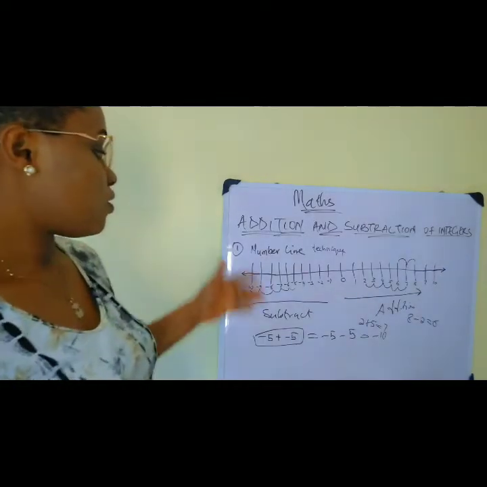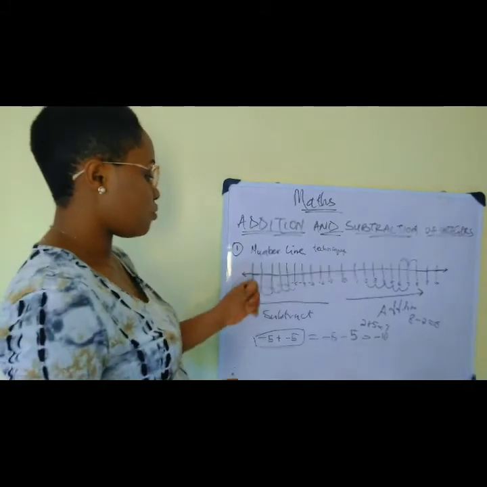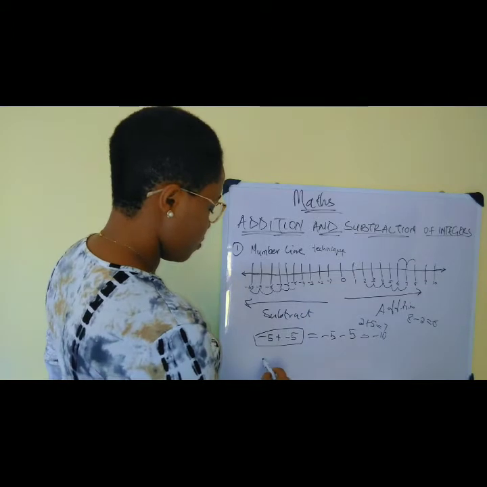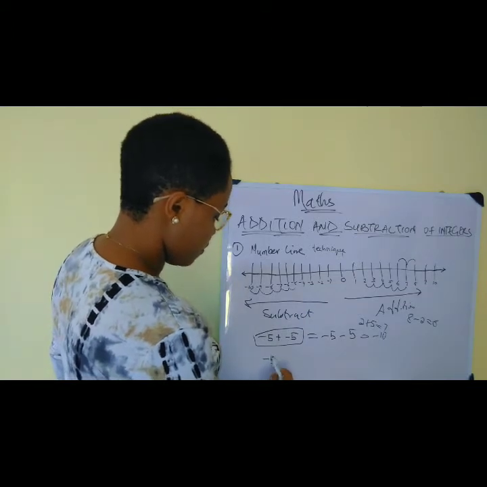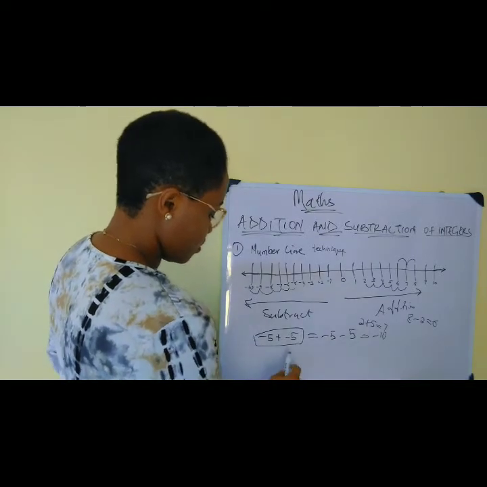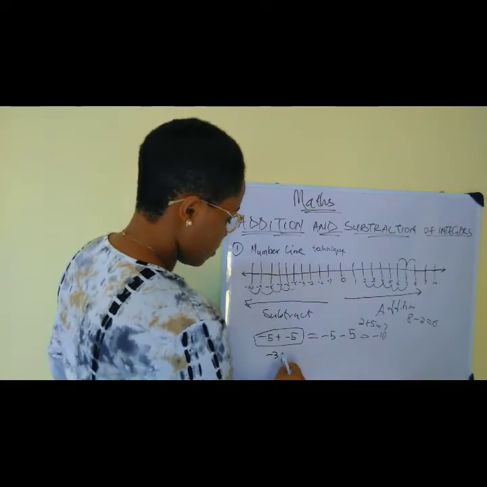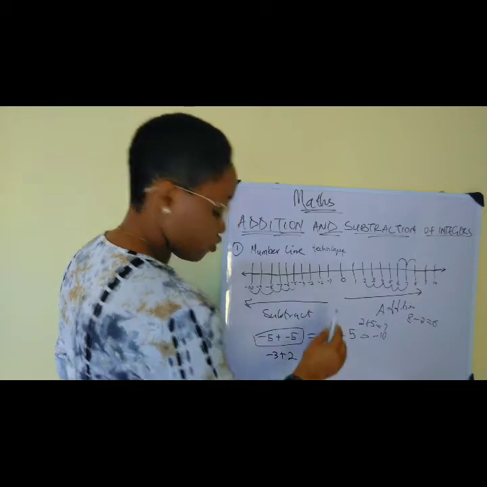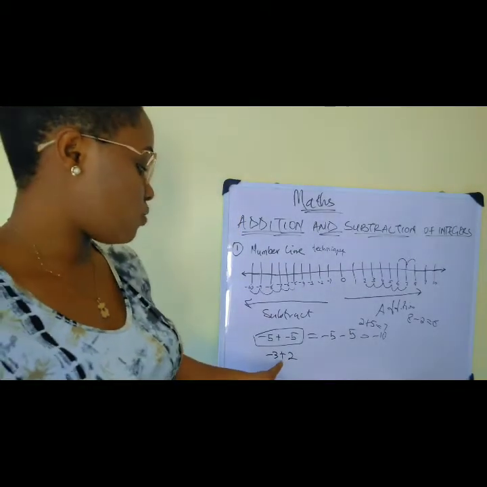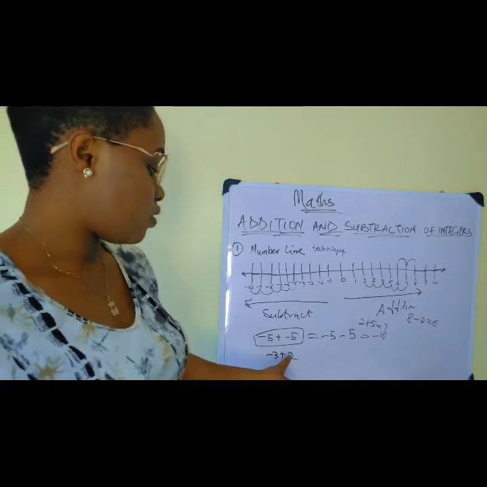Now let's do an addition problem on the negative side of it. So let's say you have negative, let's use another number now. Let's say you have a negative 3 plus 2. Using our number line, this is addition. We are supposed to add negative 3 to 2.